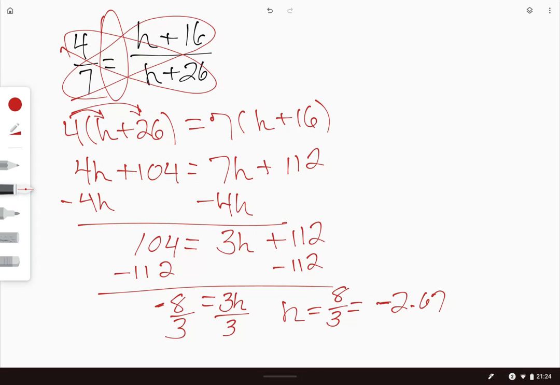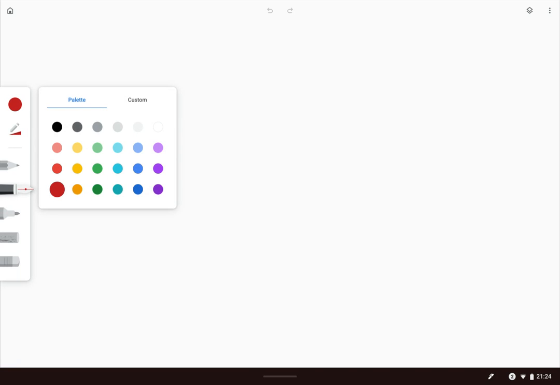All right, and we'll just do one more. The next one, for example, would be 3 divided by (b plus 18) equals 4 divided by (b plus 25).